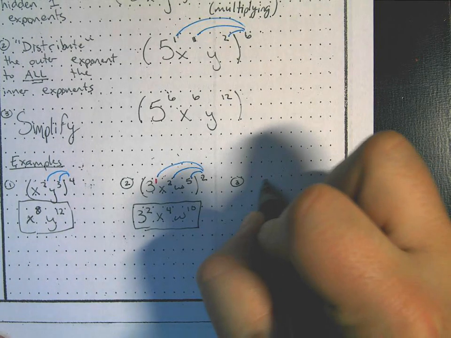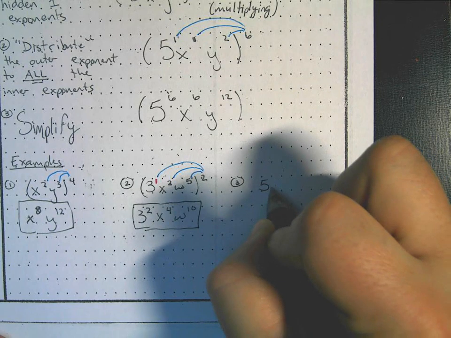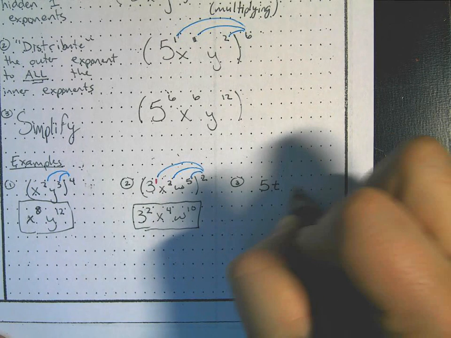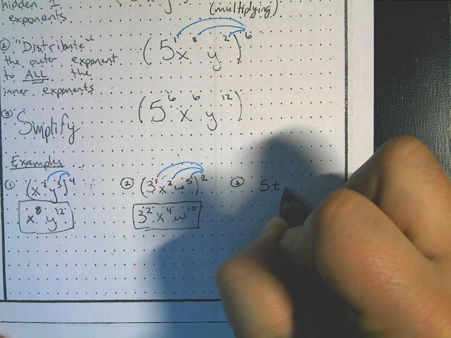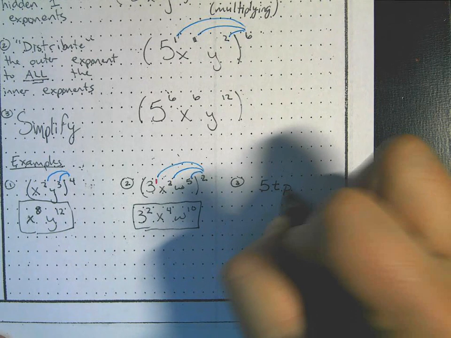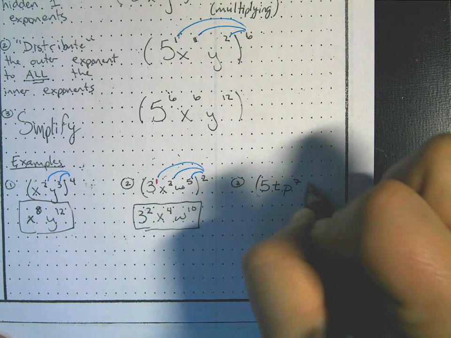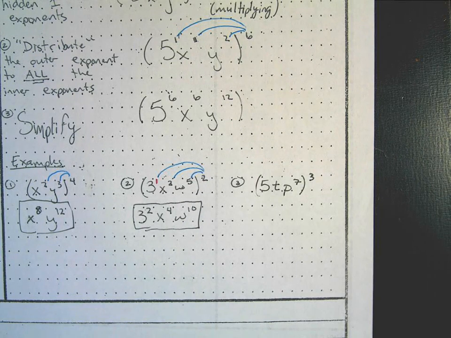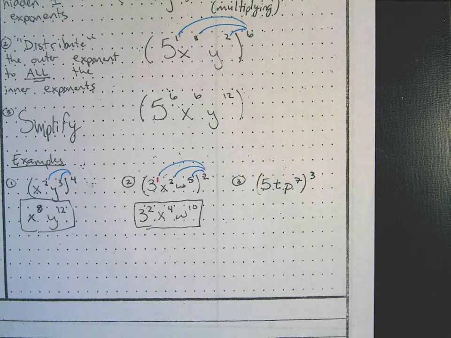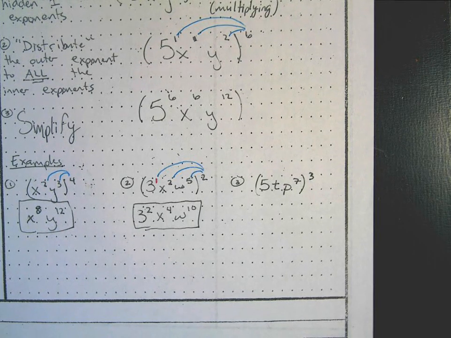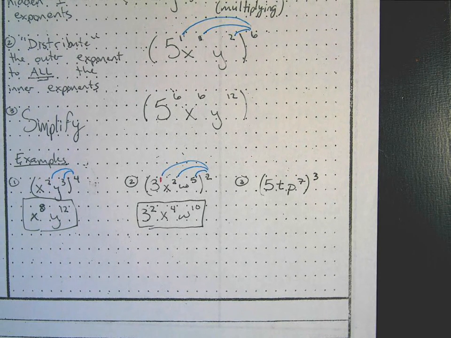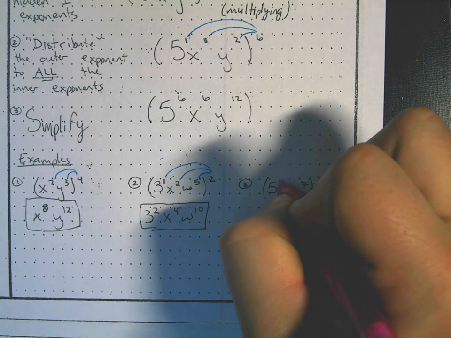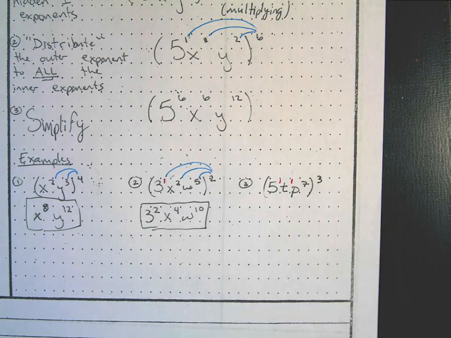Let's try this one. So 5t p to the 7th, close parentheses, all raised to the 3rd. Well, everything should have an exponent, so let's write in our hidden exponents. 5 gets a 1, t gets a 1, p has a 7th, so we're good to go.